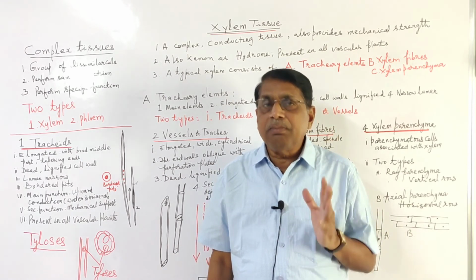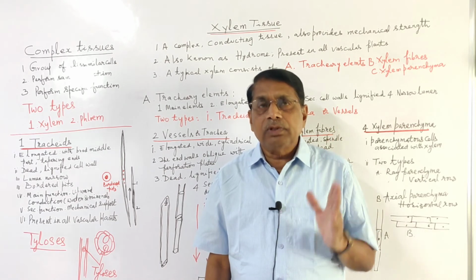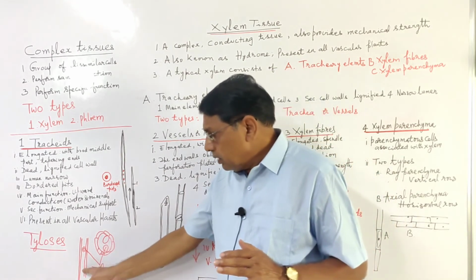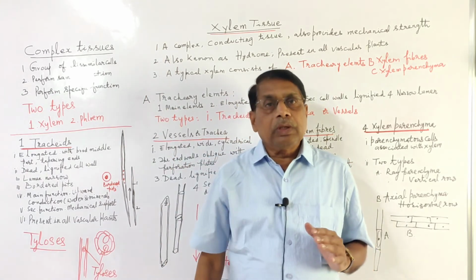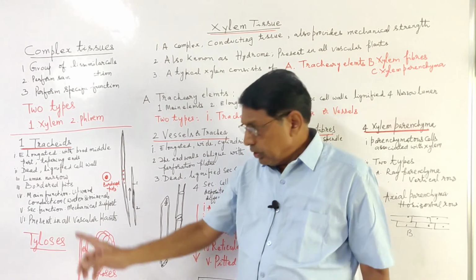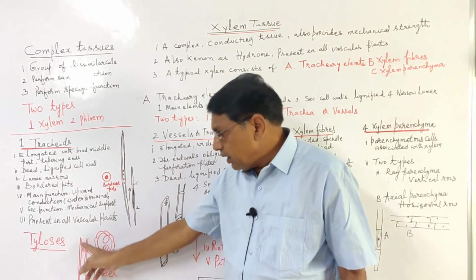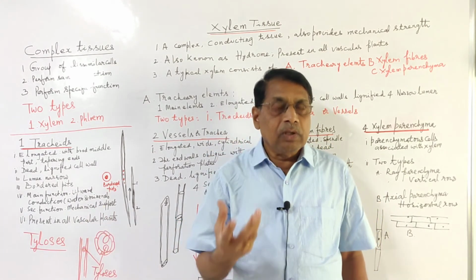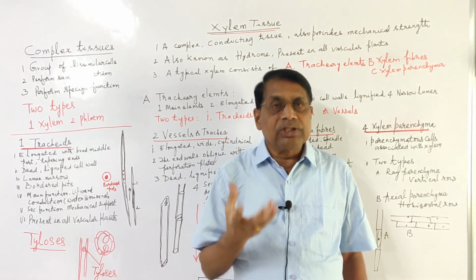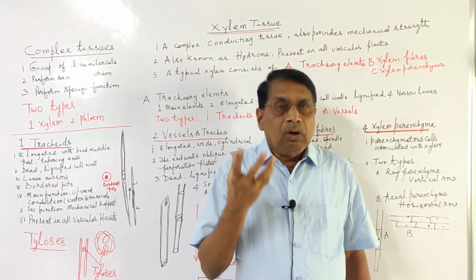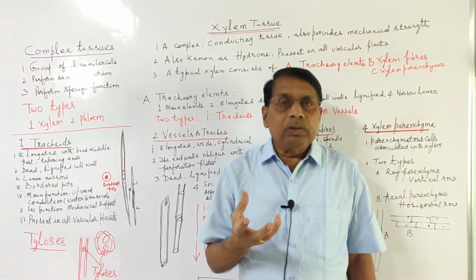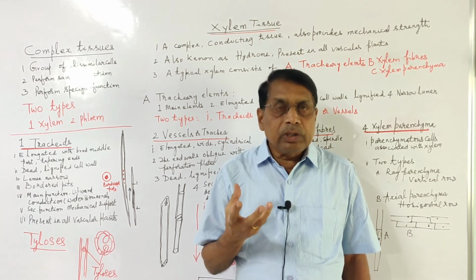There are some pathogens like Fusarium, some bacteria, along with the water, they are transported to the shoot system. So these tyloses prevent the upward translocation of not only water but such pathogens. It is said that this is one of the mechanisms to prevent the pathogen from being translocated to the shoot system.